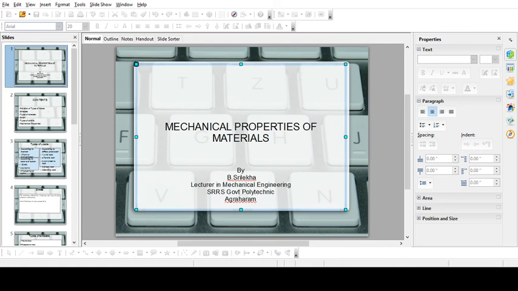Next is toughness. It is the ability of the material to absorb energy before fracture. A part which is subjected to an impact load will experience a greater than normal load. So when a sudden load is acting, the metal should have high toughness. If the material is tough enough, it can absorb more and more energy before the fracture.